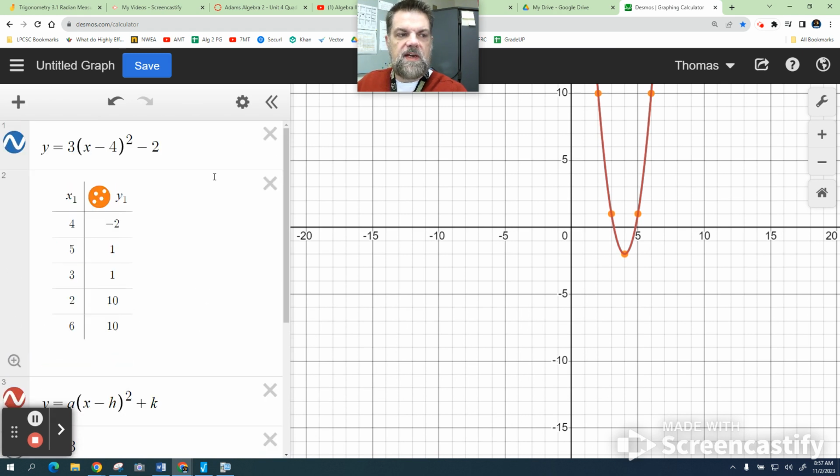So do me a favor, make sure that you write down this equation, sketch the graph, plot these points. We're going to label all these points: 2, 10; 3, 1; 4, negative 2; 5, 1; and then 6, 10.